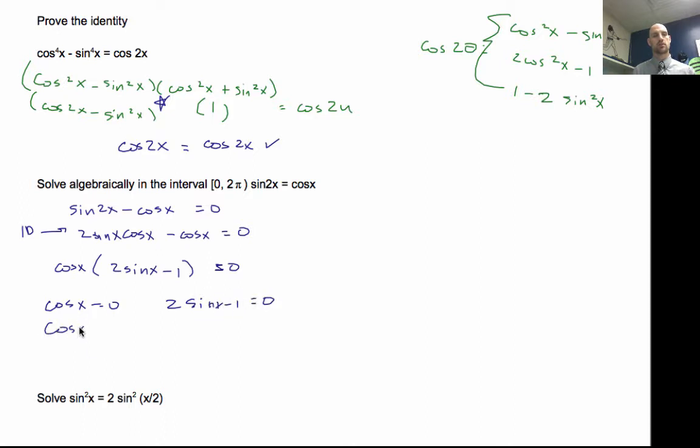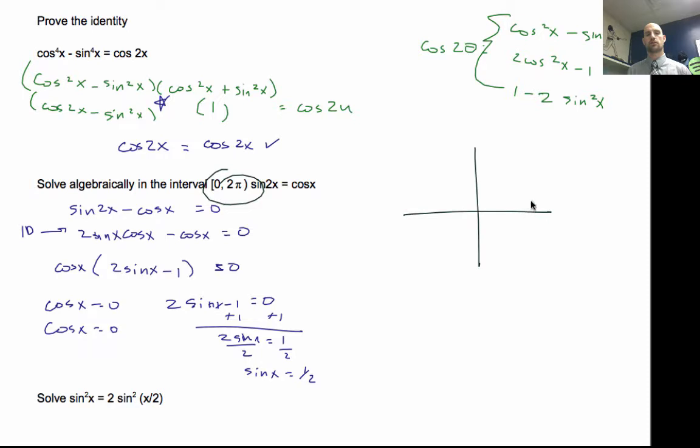So either cosine x is equal to 0, or this would be plus 1, and then 2 sine x equals 1, so sine of x is equal to 1/2. So think about it like this. If I'm looking at my unit circle, 0 to 2 pi, I want to know where the cosine is equal to 0. And remember, this is cosine x, sine x for my coordinates.